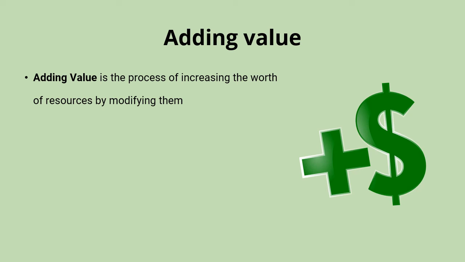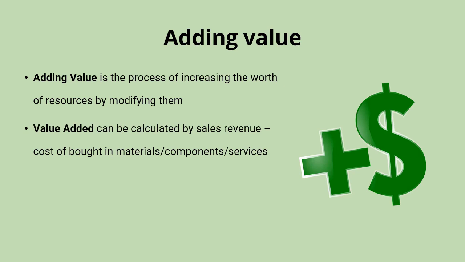And the value added on each unit sold can be calculated by the sales revenue earned from selling that unit minus the cost of any bought in materials or components and services that are used in the production of those units. And so the aim of any business is going to be to try and stretch this difference as far as possible.